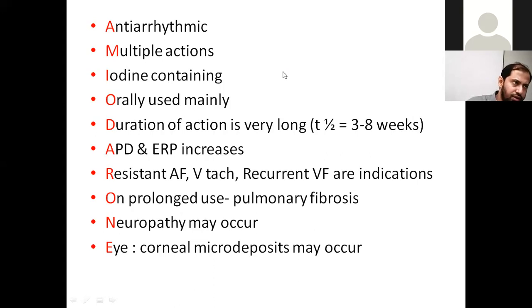Action potential duration and effective refractory period both are increased. Resistant atrial fibrillation, ventricular tachycardia, and recurrent ventricular fibrillation are the major indications of amiodarone. On prolonged use, pulmonary fibrosis and neuropathy may occur. Among the adverse effects on the eye, corneal microdeposits may occur.